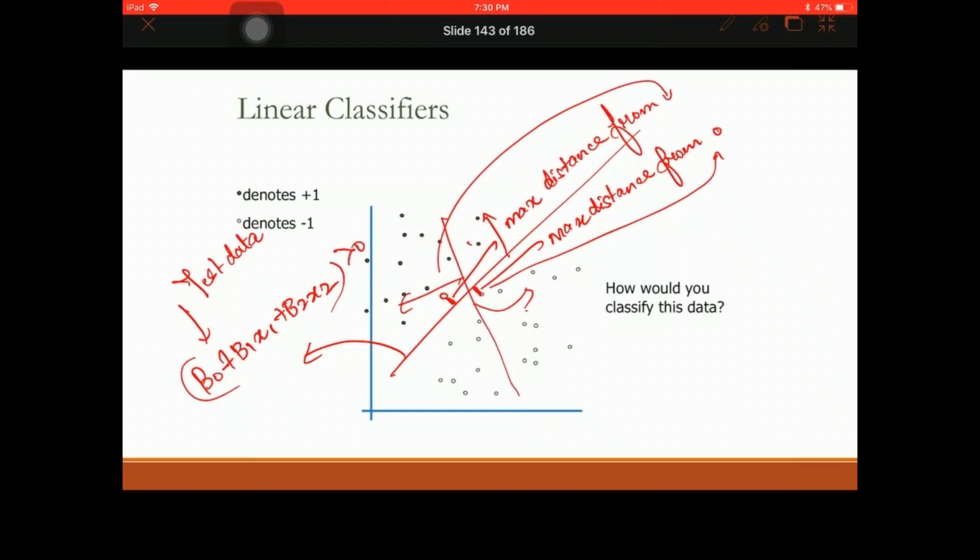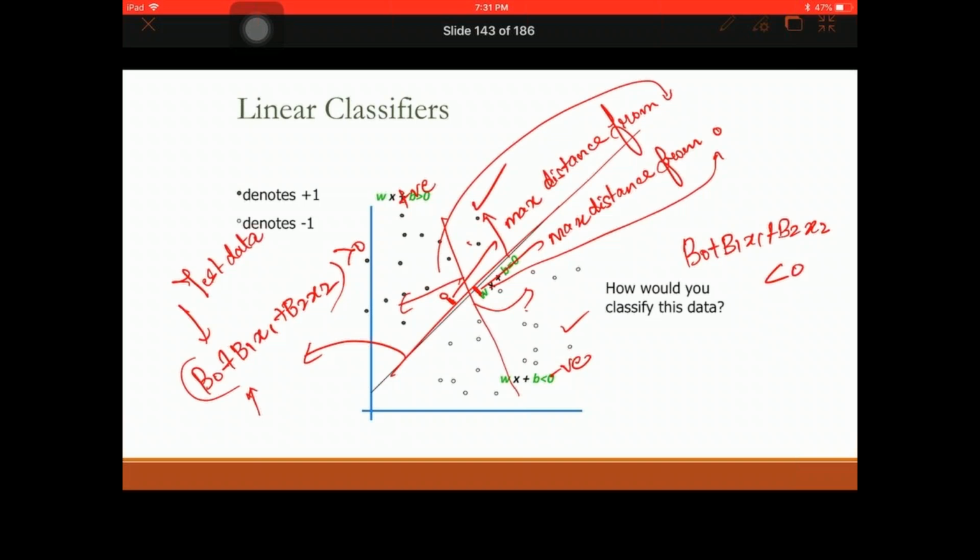If it is greater than 0, then I classify this as the positive class, and this is the negative class. If I put this data in this equation and the value of b naught plus b1 x1 plus b2 x2 is less than 0, then I classify this as negative.